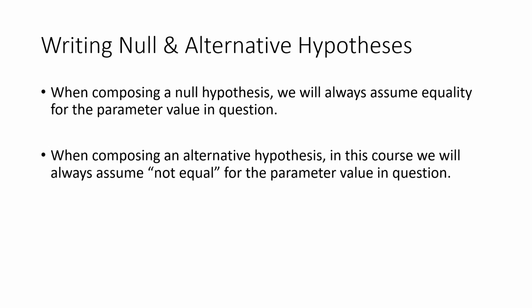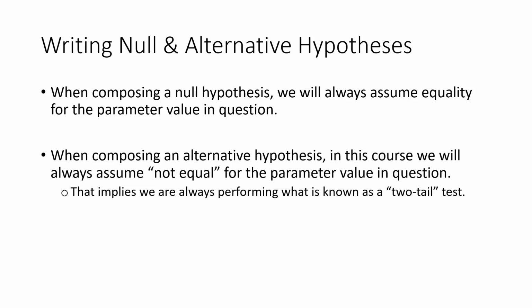And here I need to add a caution for someone who may have taken a statistics course before. That differs from what some other textbooks have in that they allow other symbols like less than or equal to, and so on. In this course, it's always going to be not equal. Now, note that that implies that in this course, we are always performing what is known as a two-tail test.